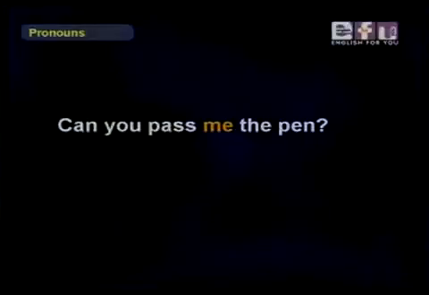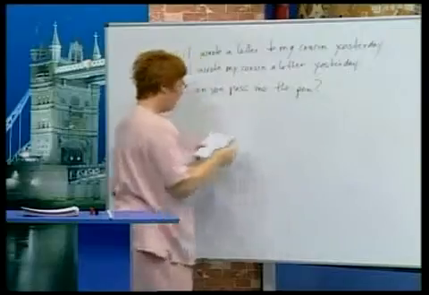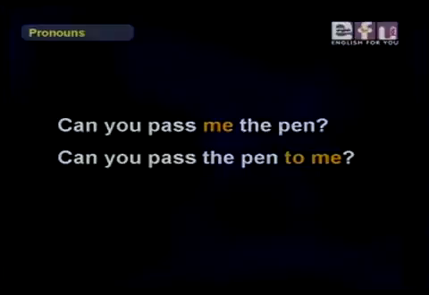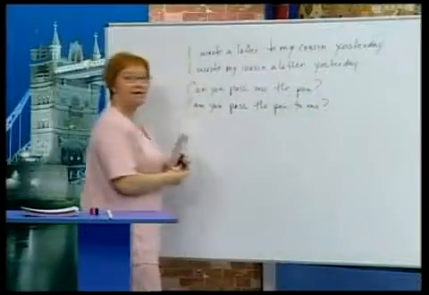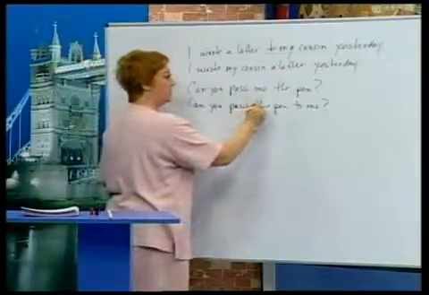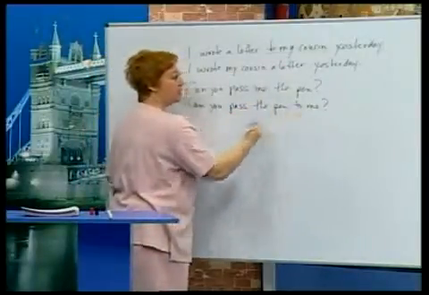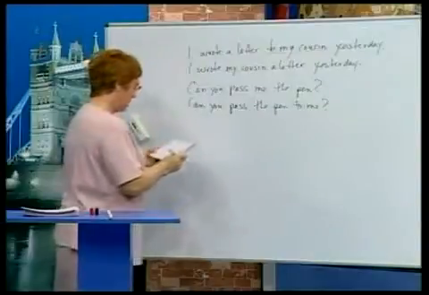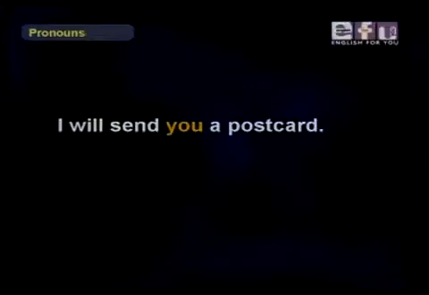Okay? Can you pass me the pen? Now, Ali. Can you pass the pen to me? So for this one, we took "me," we put it here, and we added "to." All right. And I will send you a postcard.